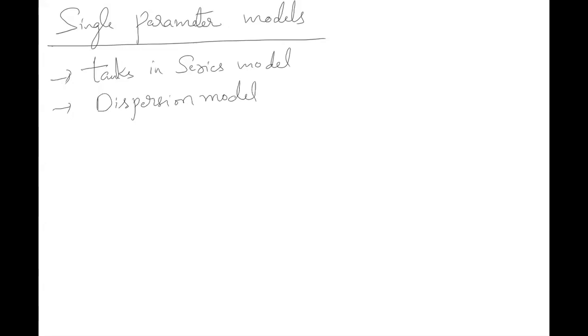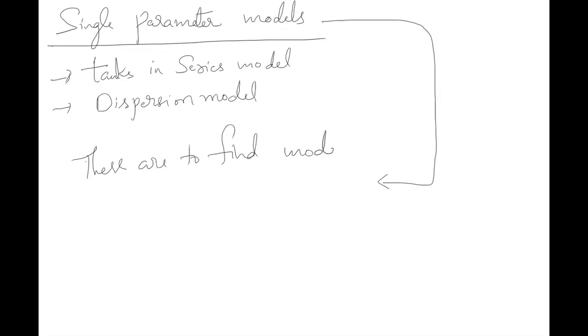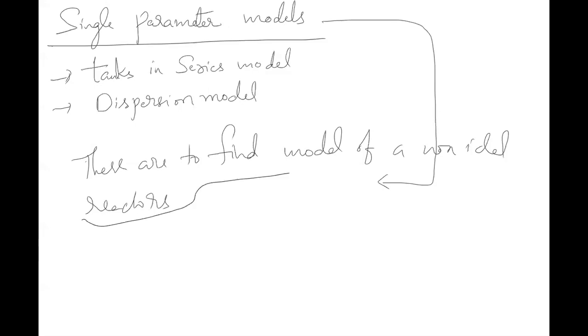So what are these single parameter models? These are to find the model of a non-ideal reactor. So these are the ways to find the model of a non-ideal reactor.